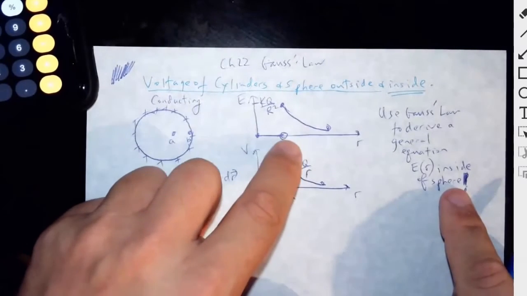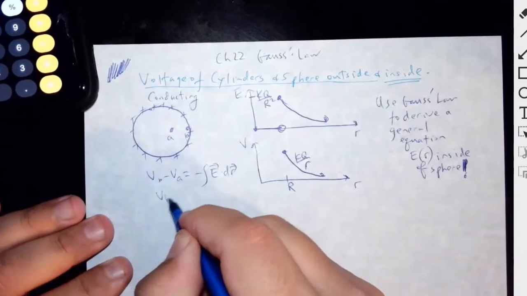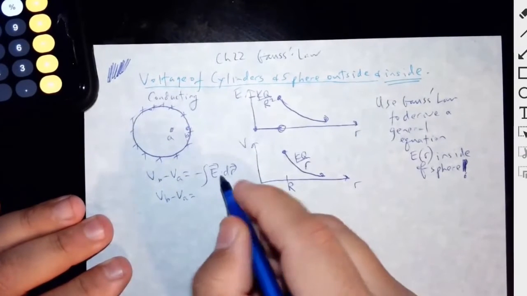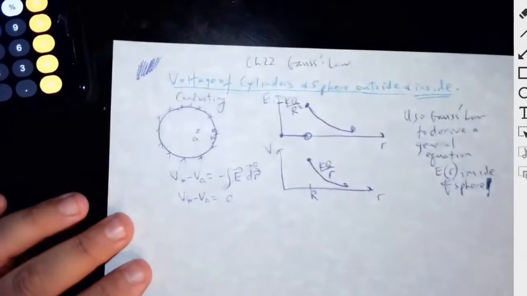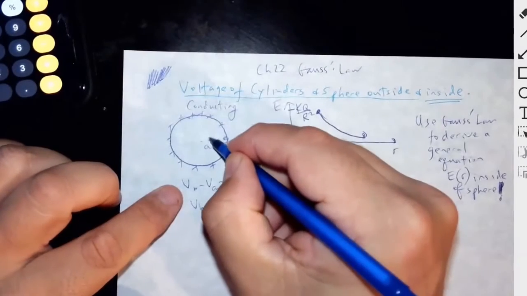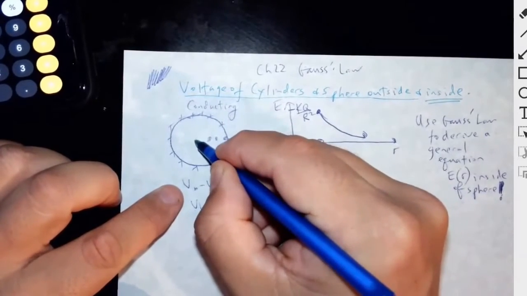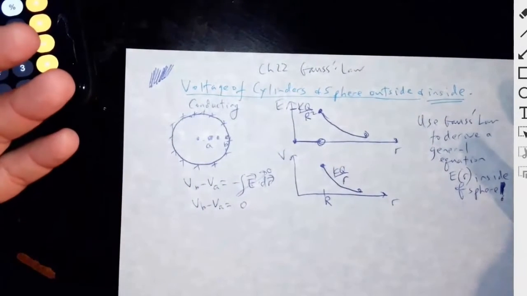Well, for a conducting sphere, the electric field is zero. So what does that mean? If the electric field is zero, that means everywhere inside of the conducting sphere, the voltage is the same. The voltage here and here is the same, the center and here is the same. Well, if they're the same, what are they equal to?